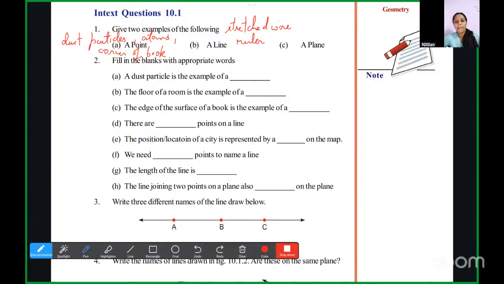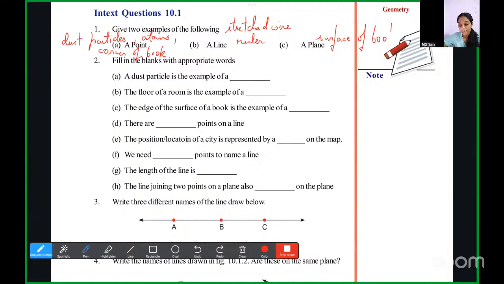Now we have plane. Can you give me some examples of a plane? Ma'am, a book. Yes, the surface of a book. What else?